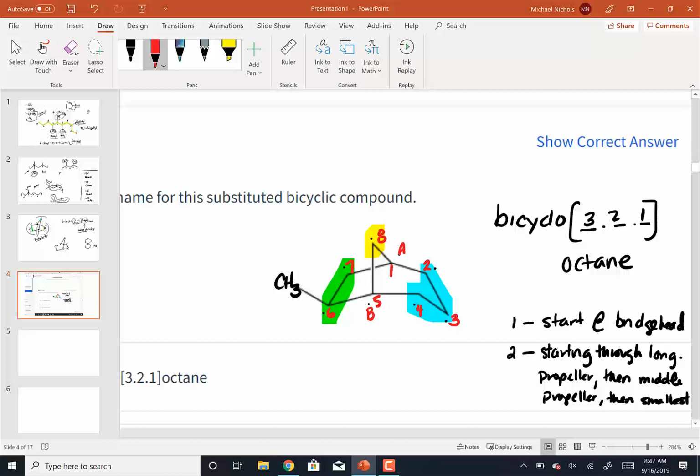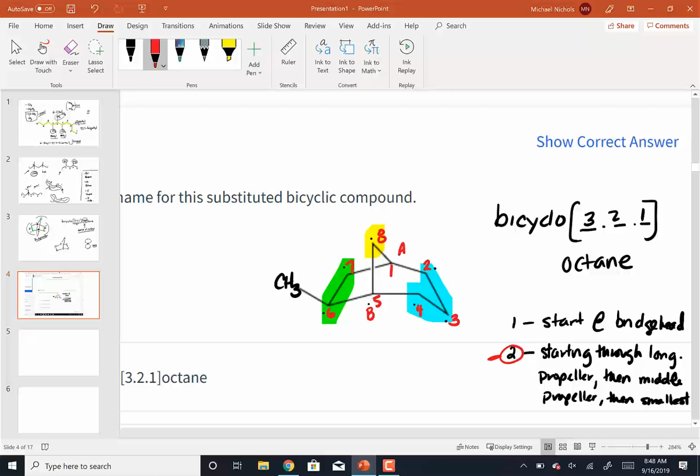That's a good question. So why did I go this way? Because rule number 2 says that we have to go through the longest bridge first, then the second longest, finally the third. So if I started at A and went to the left, I would be violating rule number 2. These rules are designed so that everybody names things the same.